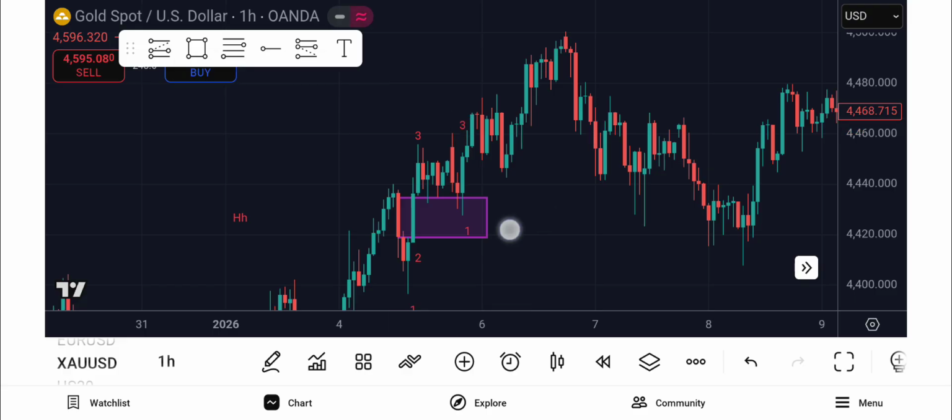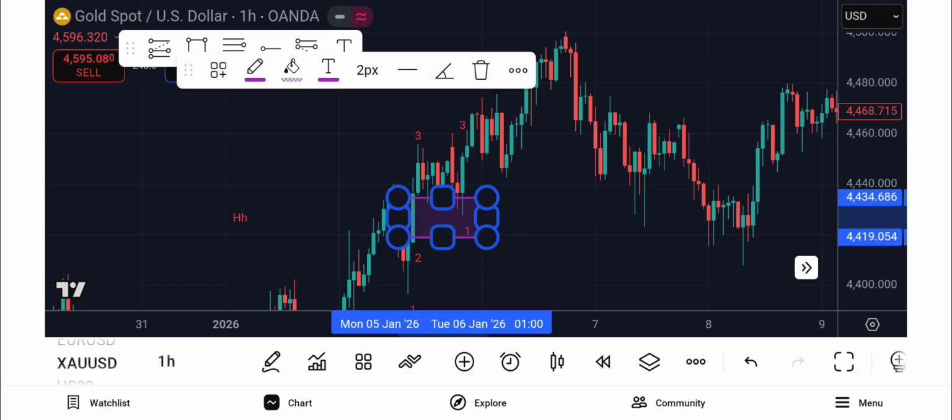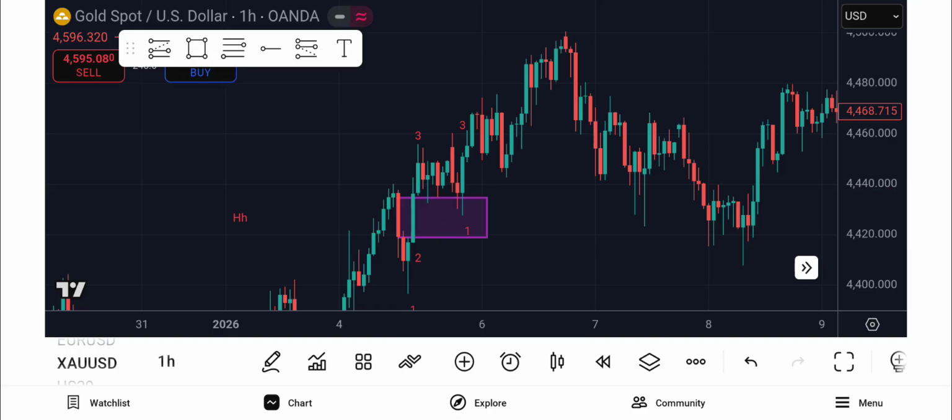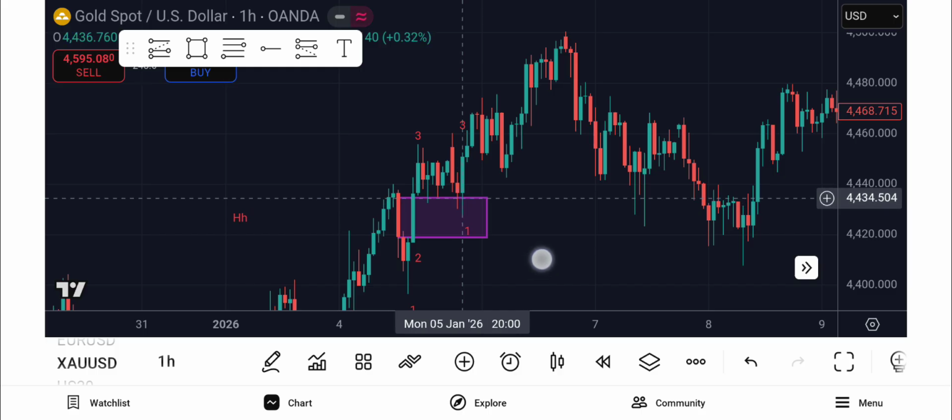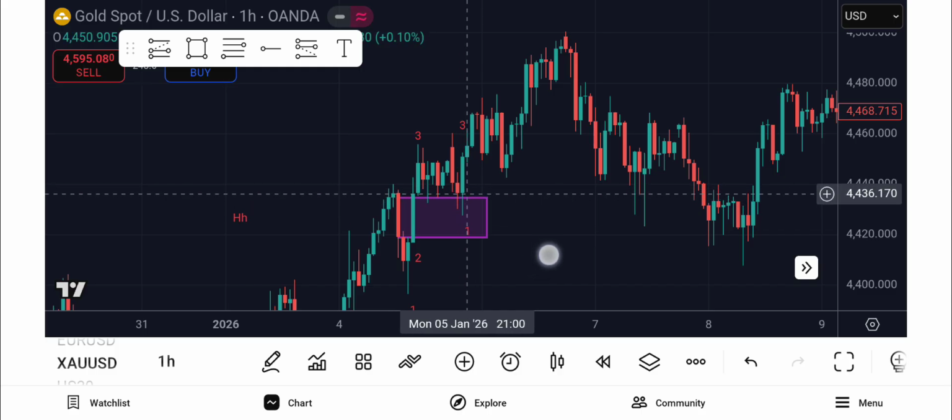That's the third candle. So the first candle is this red one right here. Then the second one will be this blue one right here. And then the third candle will be this one here.